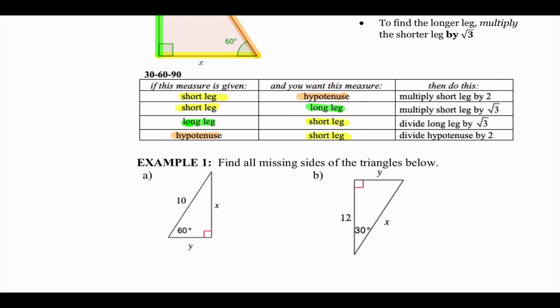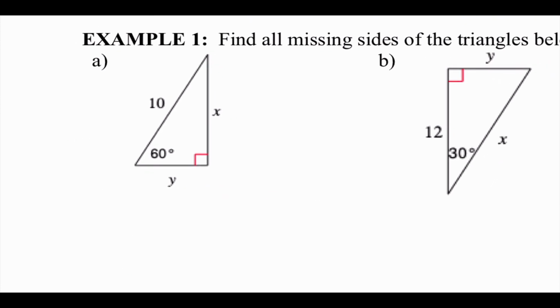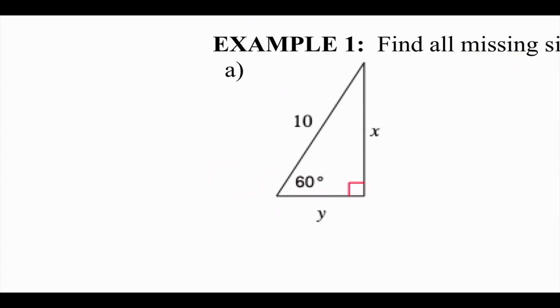Okay, all right, so let's look at example number 1A. It's a right triangle. It's a 30, 60, 90. I know that because it has a 90, it has a 30, and then the only angle that could be here is a 30. Has to be 30 because it can't go over 180. So it's a 30, 60, 90.